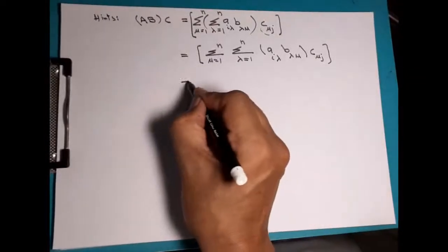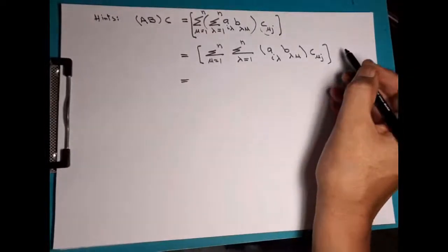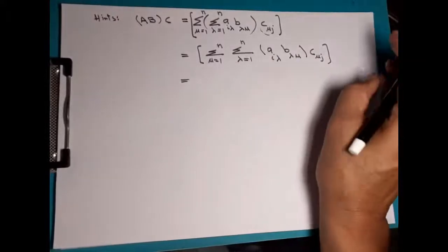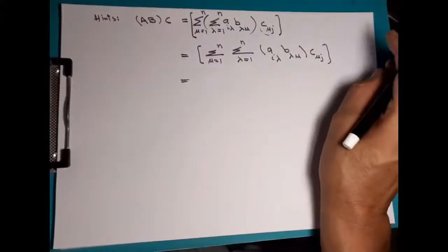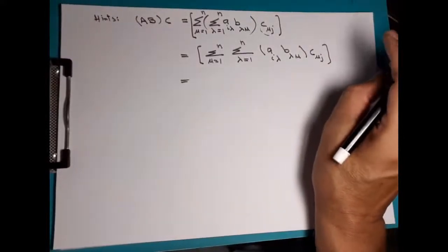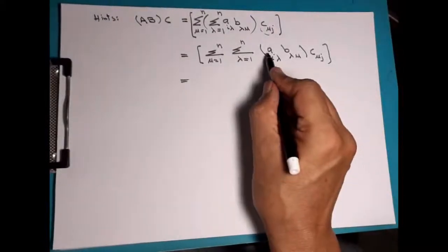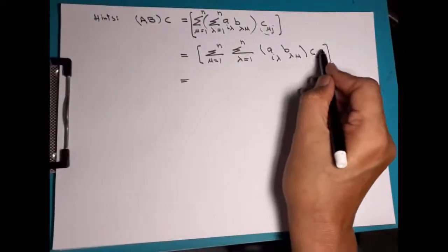And now use associativity of multiplication of ring R, because in ring R multiplication is associative, so we can use associativity.